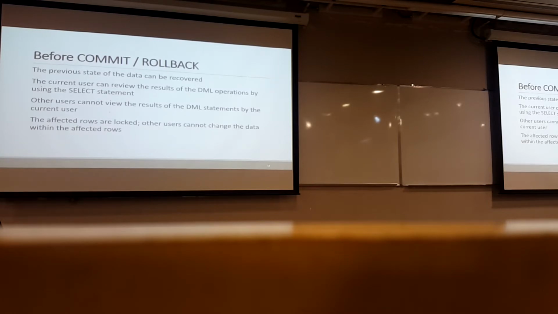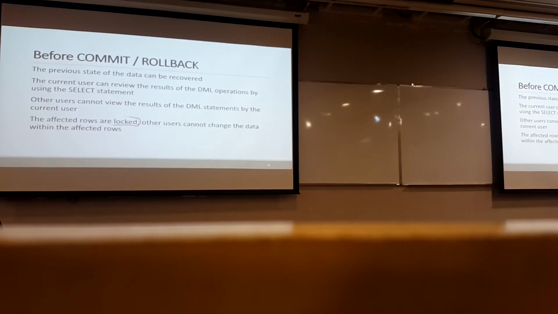Other users cannot view the result of the DML statement by the current user, okay, before commit. And the affected rows are locked. 嗱，呢個就係應該係成個 topic 最難嘅啦，locked. Other users cannot change the data within the affected row.